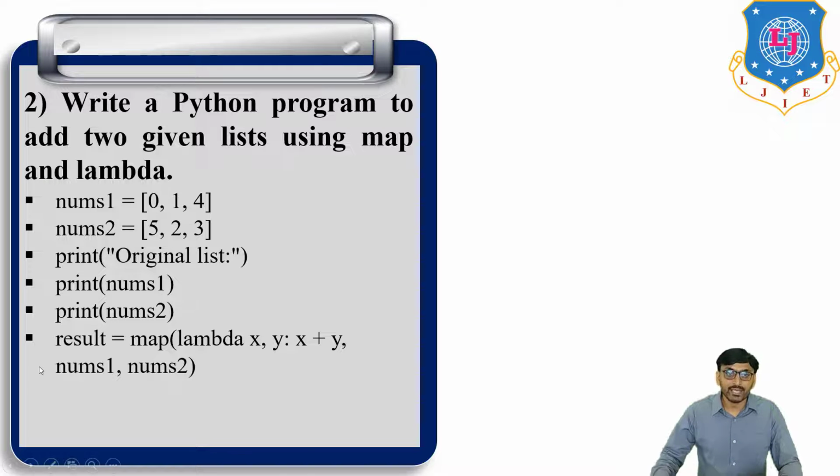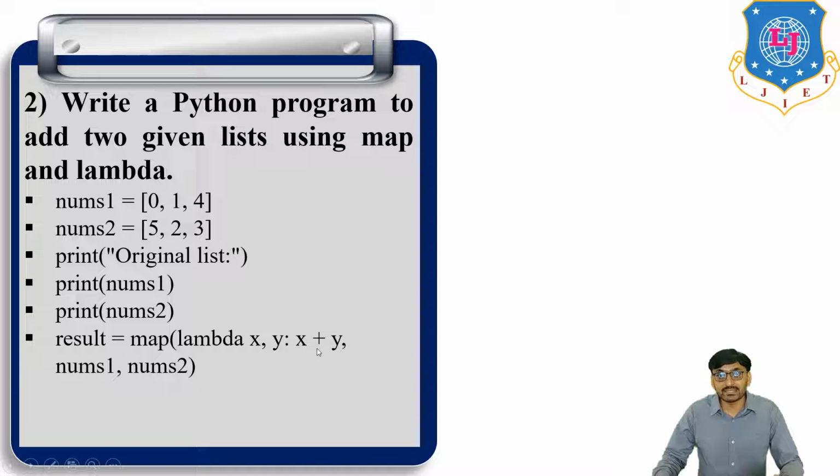Here, first write down map, then inside the brackets a lambda function, and lambda is represented by the lambda keyword. Then x, y: x is from the first list, and y is from the second list.